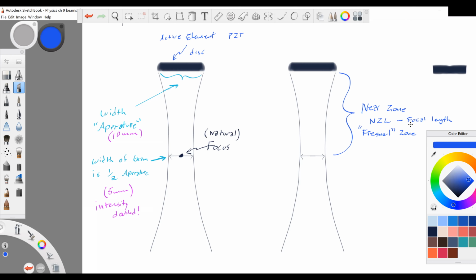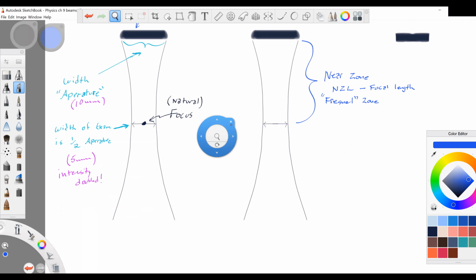So far zone is not just the best cartoon of all time. It is also everything from the focal point to near zone lengths.